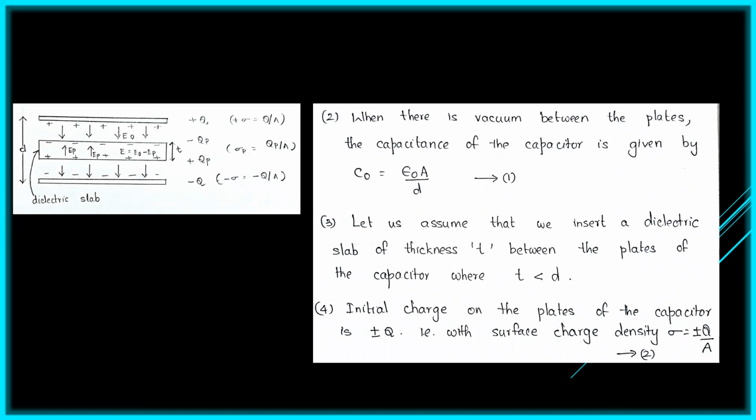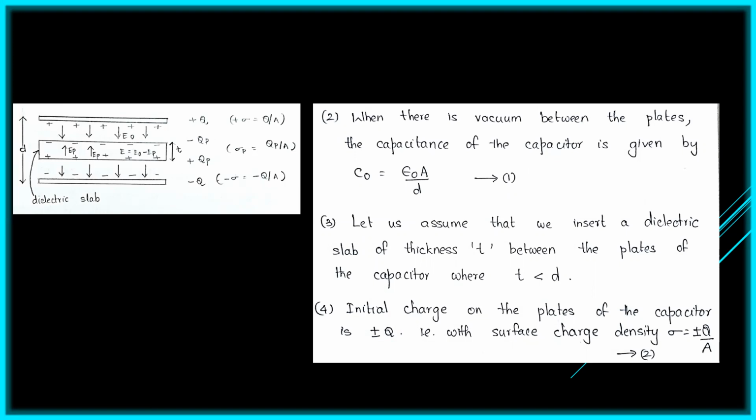We keep a subscript for C, so it becomes C naught, because there was nothing in between the plates. Therefore, C naught is equal to epsilon naught A by d. This is the derivation which we have done earlier.